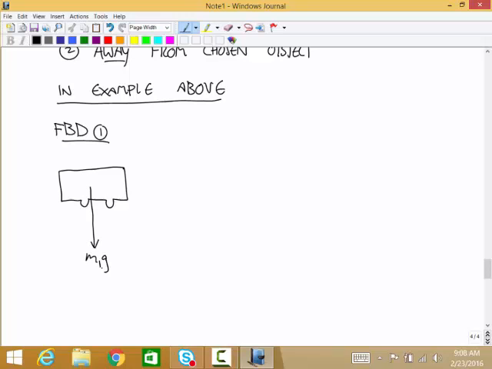I'll call it M1G. And then the ground is pushing up on it. I'll call that N1. And then the cable is pulling on it. So that's a force vector parallel to the cable, away from the chosen body. And we have to label that, I'll call it T for tension.